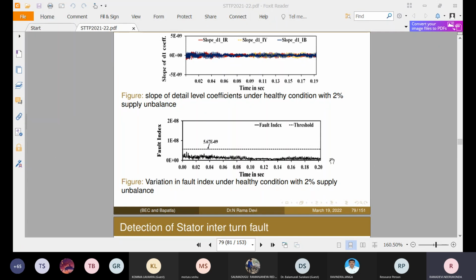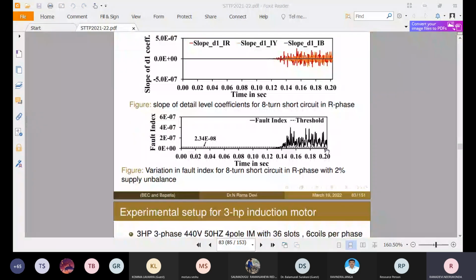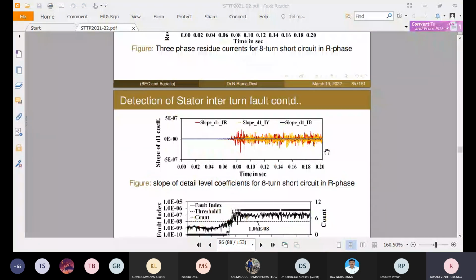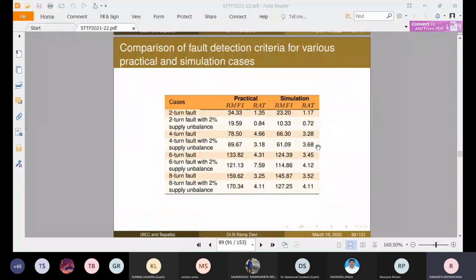How much is that? 2.58. So its value is 2.58.